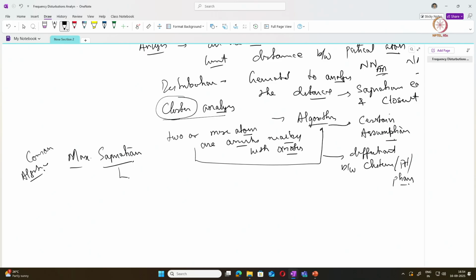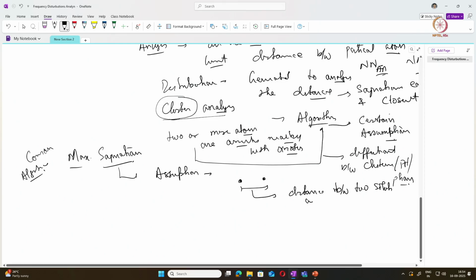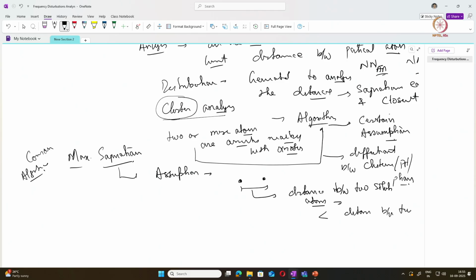It is based on the assumption that the distance between two solute atoms that are clustered together is smaller than the distance between two solute atoms which are found anywhere in the data set.